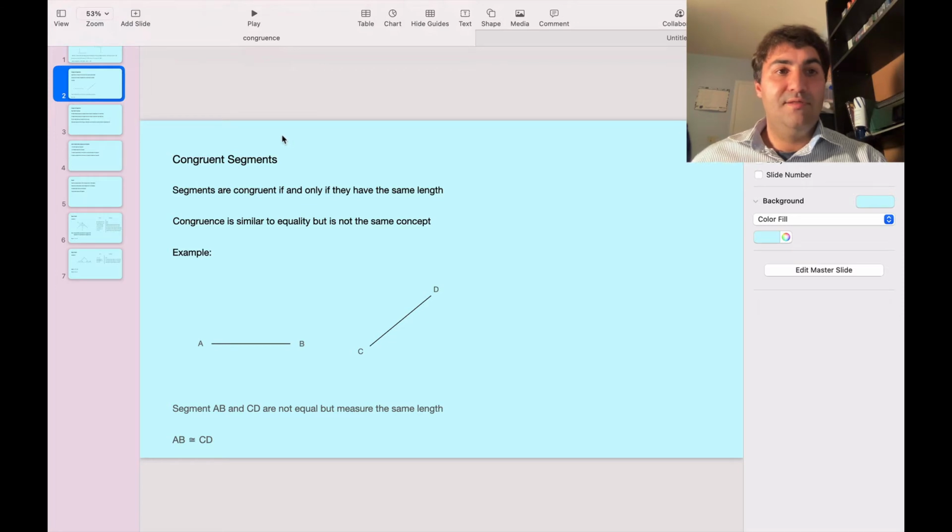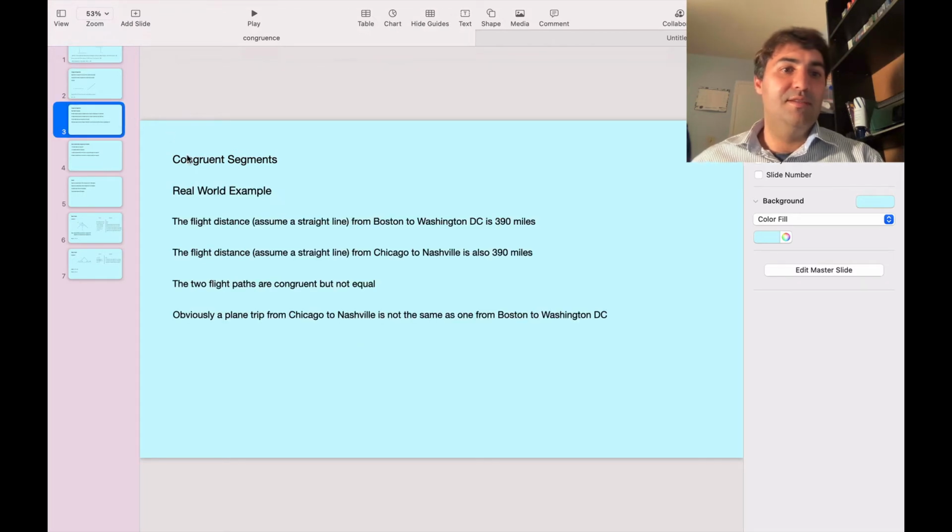I know this is kind of a new topic for a lot of people, so let's use a real world example of what congruence means. Assuming that flight paths are in a straight line, the flight distance between Boston and Washington, D.C. is 390 miles, and the flight distance between Chicago and Nashville is also 390 miles.